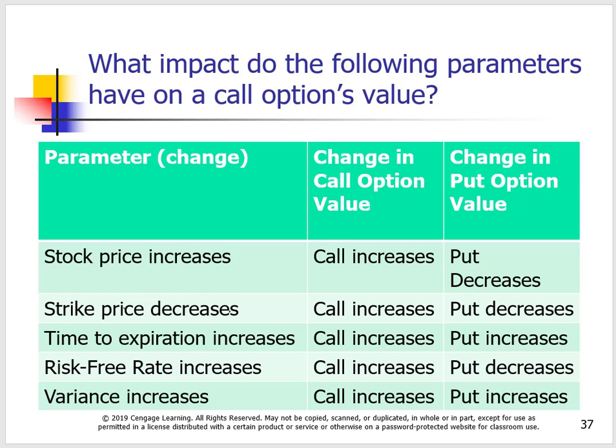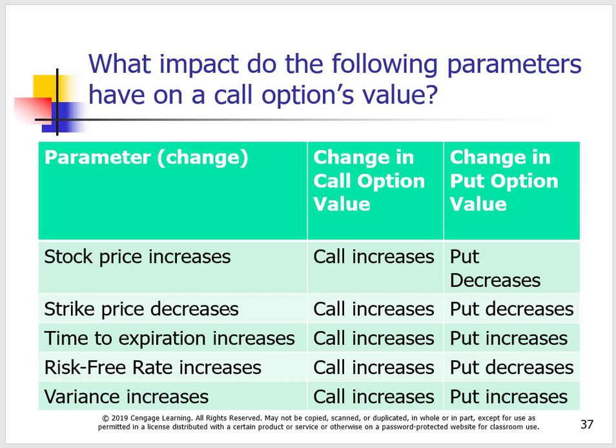If the expiration date increases, again, time is a bet. The more time you have, the better your bet might work. Value increases. If the risk-free rate increases, the put value decreases. And if variance increases, the put is also going to increase.